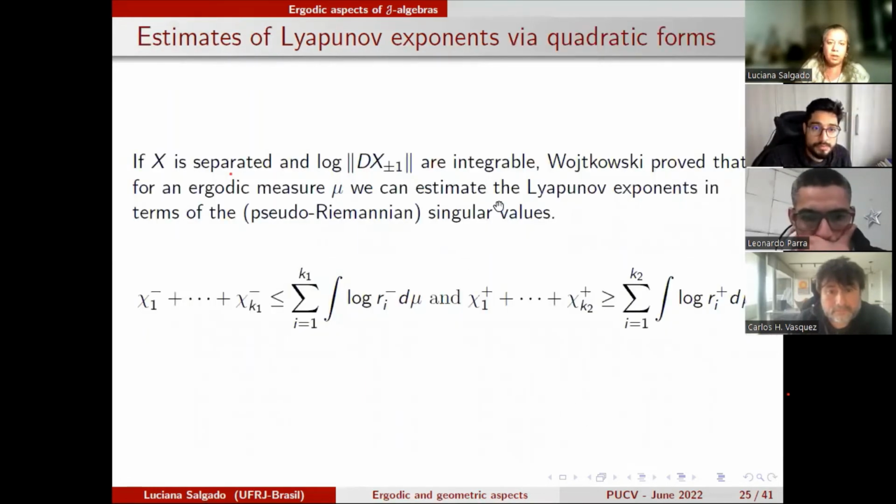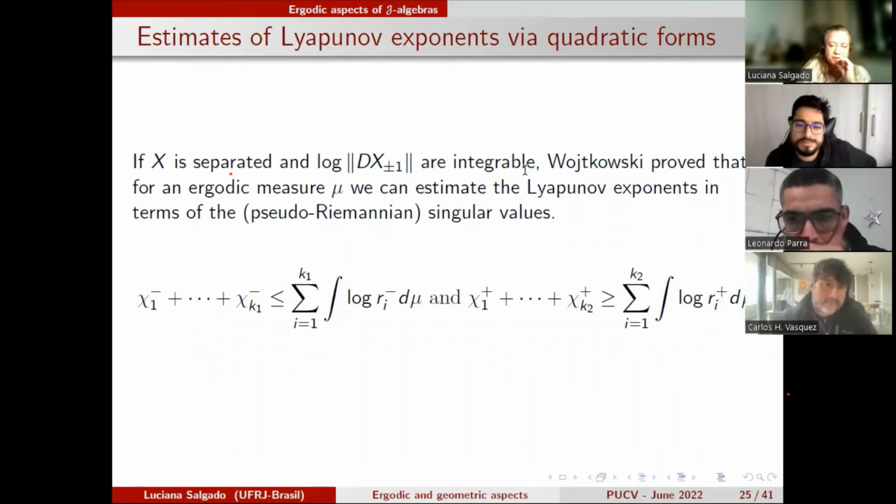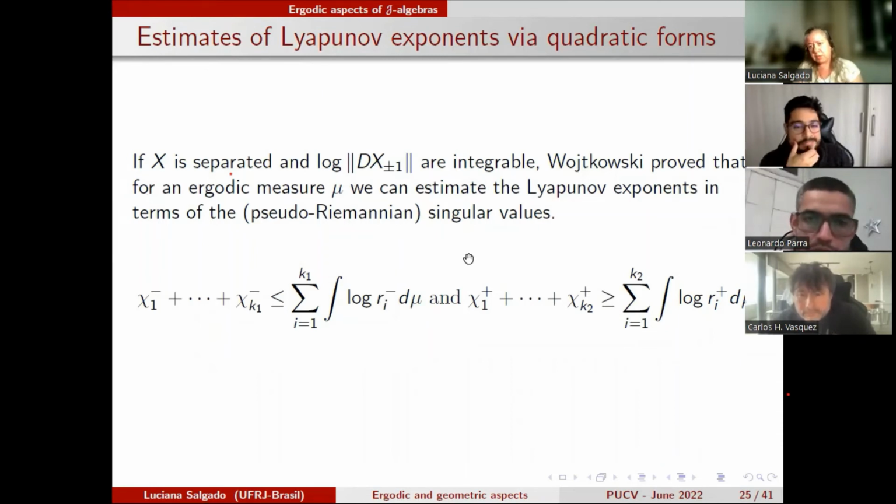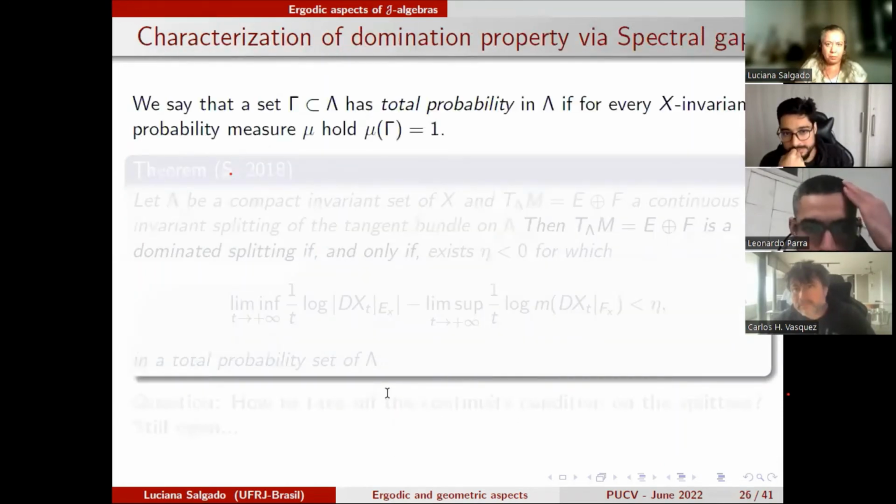So the estimate of the Lyapunov exponents can be made by using the quadratic forms. If X is separated, the integral of the log of the time-one forward or backward flow. Wojtkowski proved that for an ergodic measure, we can estimate this kind of relation between the Lyapunov exponents and the pseudo-Riemannian singular values.